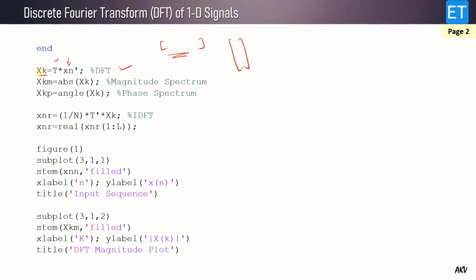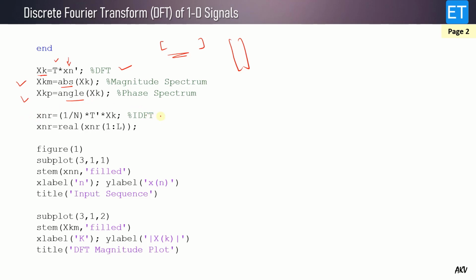Now xk, I mean DFT values are known, and as I said, the DFT is generally complex. So to have the magnitude spectrum, you need to find the absolute values of those complex DFT values, and then for phase spectrum you need angles. So angle of xk. By default this angle is in radians. If you want in degrees, you can convert that into the degree also.